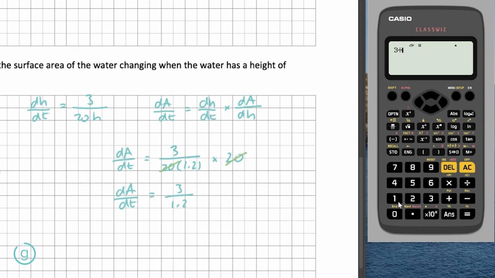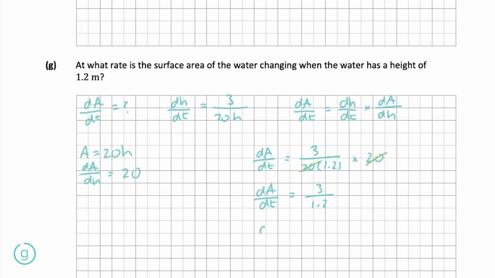Putting that into the calculator will give us dA/dt is equal to 2.5 meters squared per second. And that's question 7, all done.